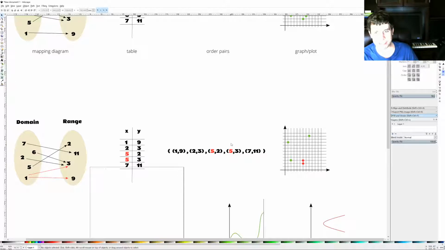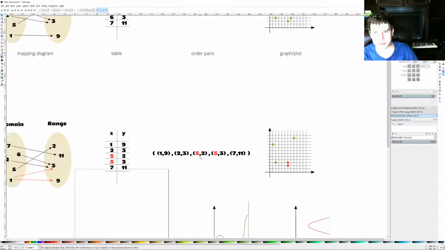In the ordered pairs, I did the same thing. If you see a 5 as the x value repeated with 2 different y values, again, 1 input, 2 outputs. 1 cause, 2 different effects. The 3s are okay because they're the outputs. You can have that, but the inputs can't have 2 different outputs.